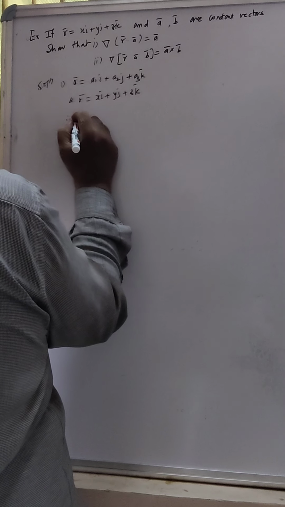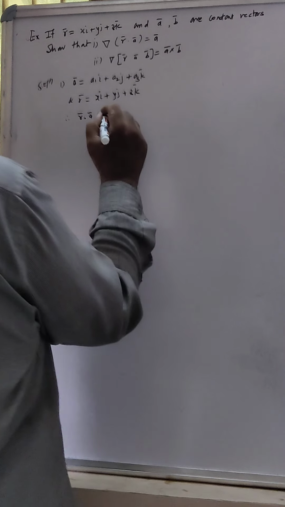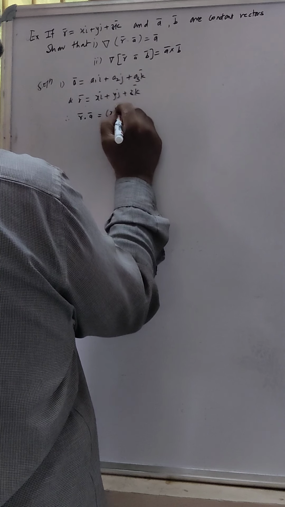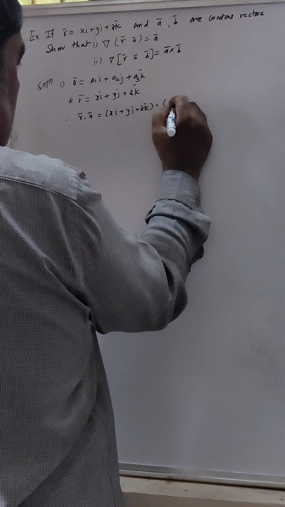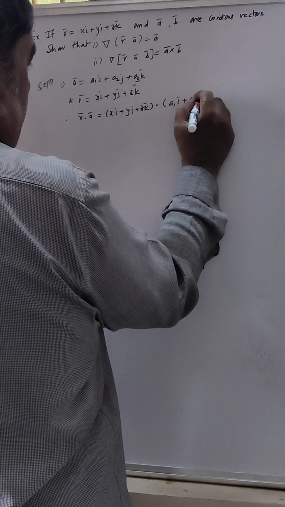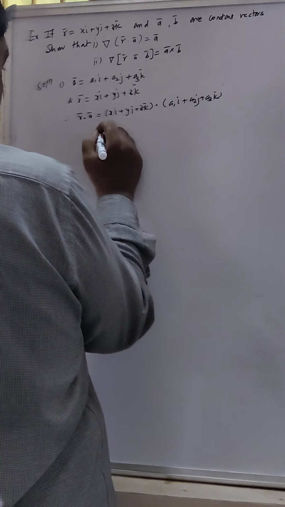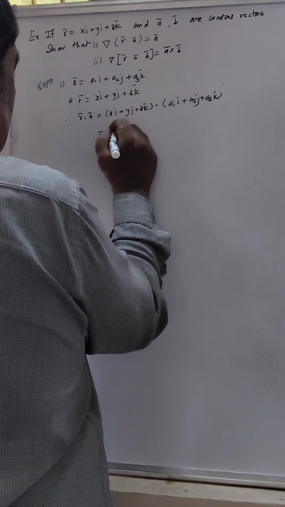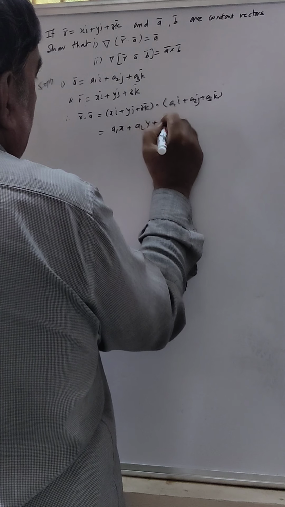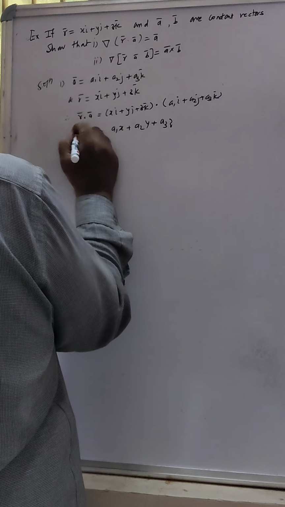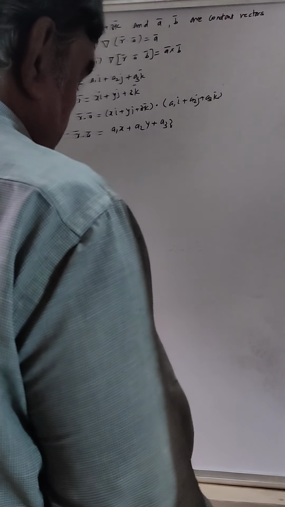Therefore the dot product r vector dot a vector is equal to xi plus yj plus zk dot a1i plus a2j plus a3k, is equal to a1x plus a2y plus a3z. It is the dot product of r vector and a vector.